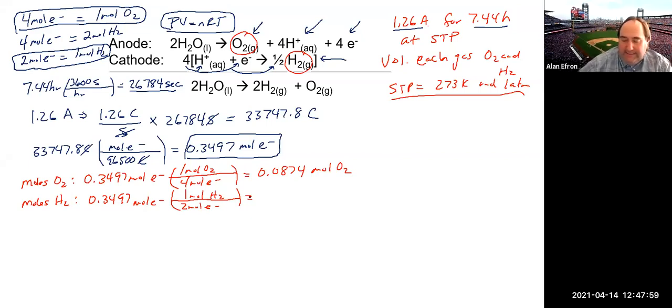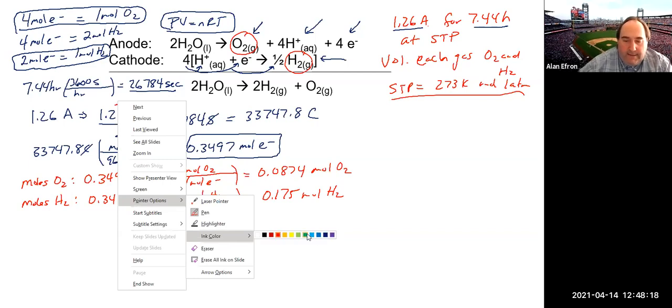Dividing by 2 gets you 0.175 moles of H2. Any questions on how I got those two numbers?